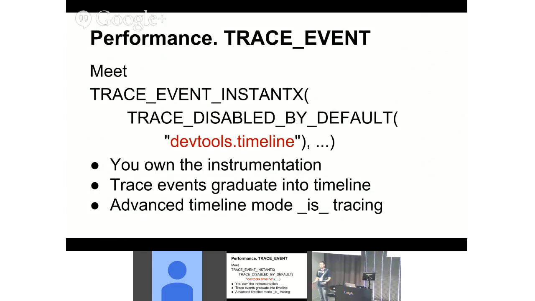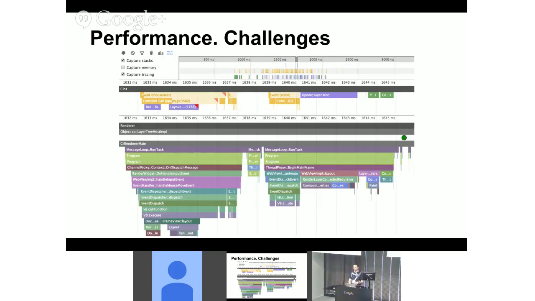So if you own the input latency story or layout story or paint story, we'd like you to identify the traces that you find useful, identify the traces that you are comfortable with sharing with the end user, ideally so that they were actionable, and it was clear what that is about. And then we will take your traces and graduate them into the UI of tools. And as we do that, we will anyways leave the tracing view in place.